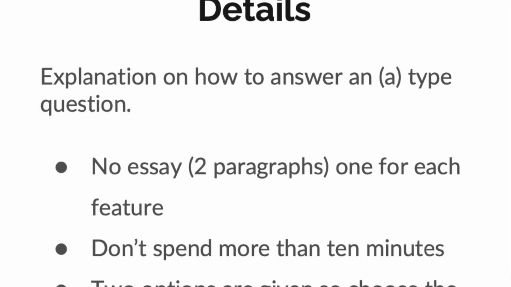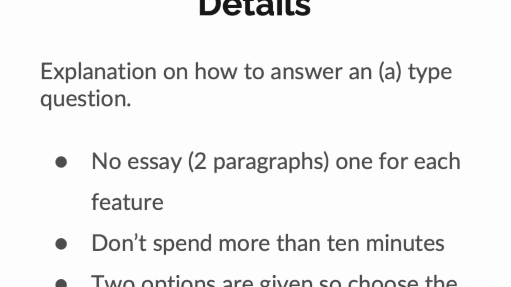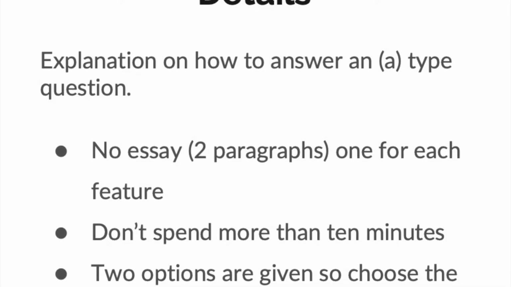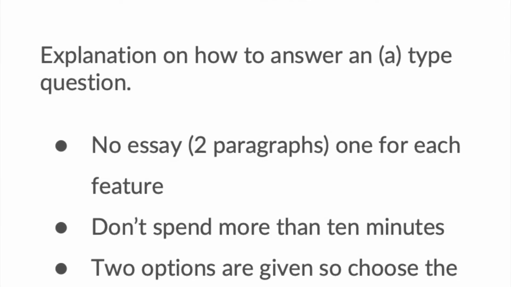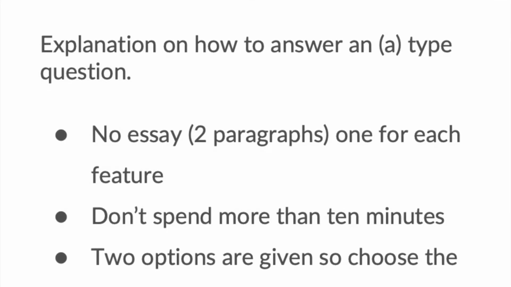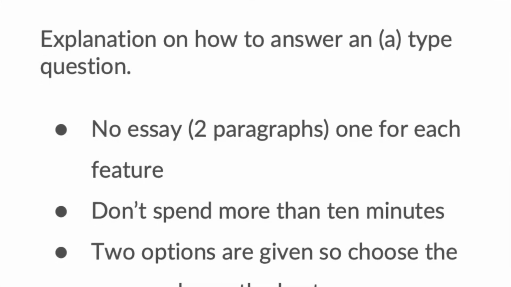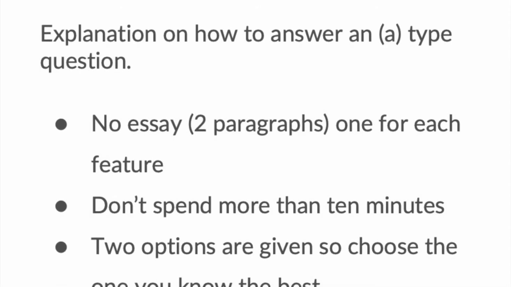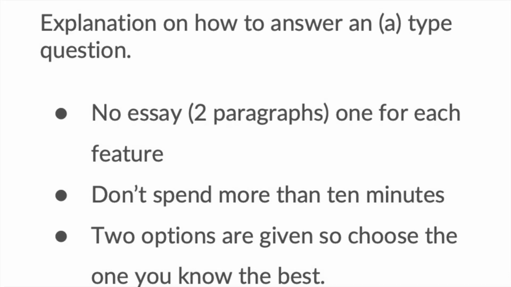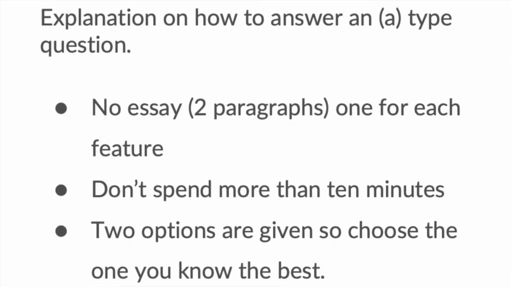Especially if you're starting out with the GCSE course, minutes and timing can sometimes be really distracting. But when you get into year 11 and close to the final exam, you really can't spend more than 10 minutes on this A question.